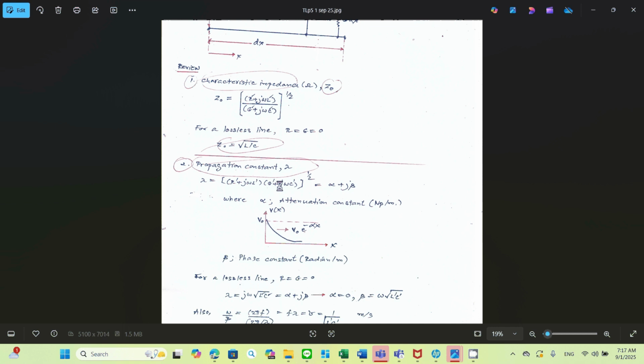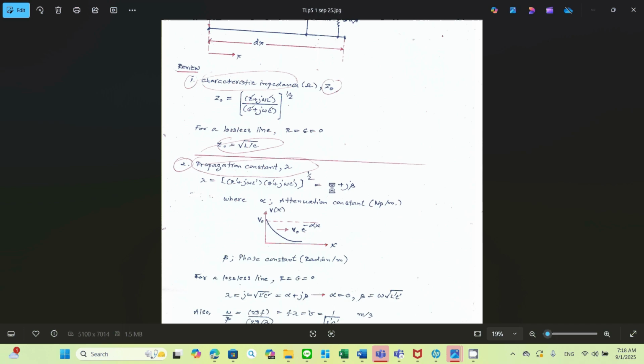Of course, you have a j term and a real part, so you end up with the real part plus the imaginary part. This is the propagation constant gamma equal to alpha plus j beta. Alpha, the real part, is the attenuation constant.